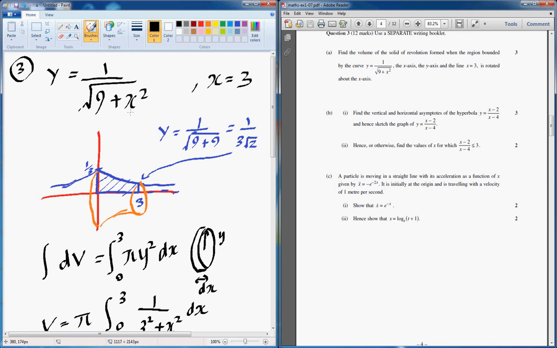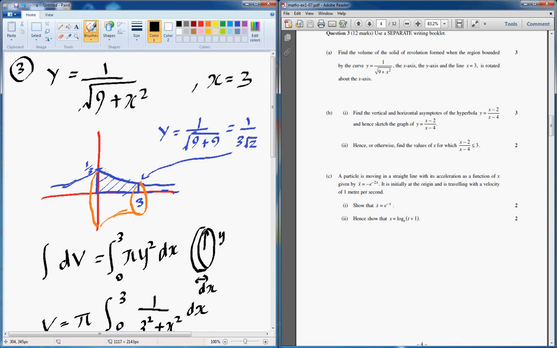Okay, so I start off at what is the value when x equals 0. So when I put x equals 0 there, this becomes 1 on square root 9. So therefore it's 1 on 3. That's what I've drawn over here. And the next thing is what happens when x gets larger. When x gets larger, this little bit gets bigger and bigger, and 1 on any positive number goes towards 0, right?